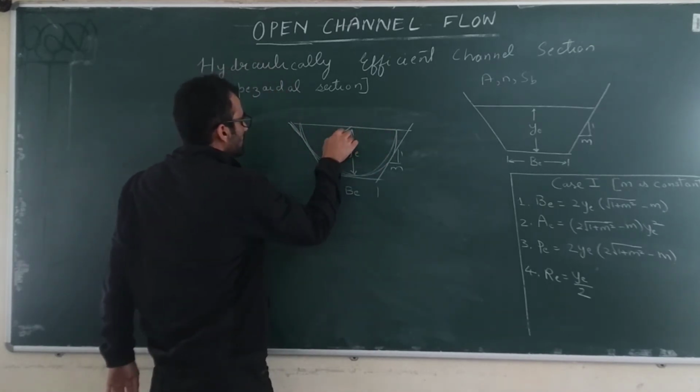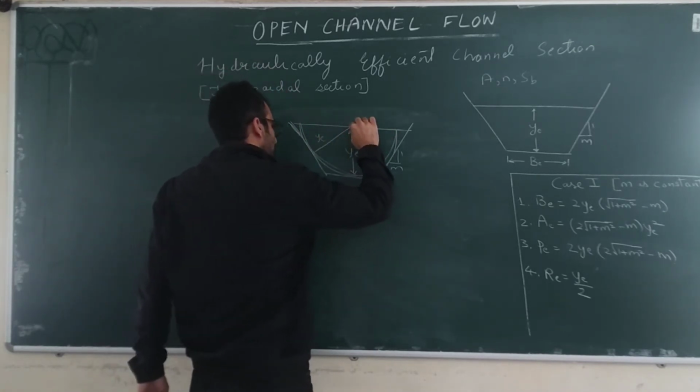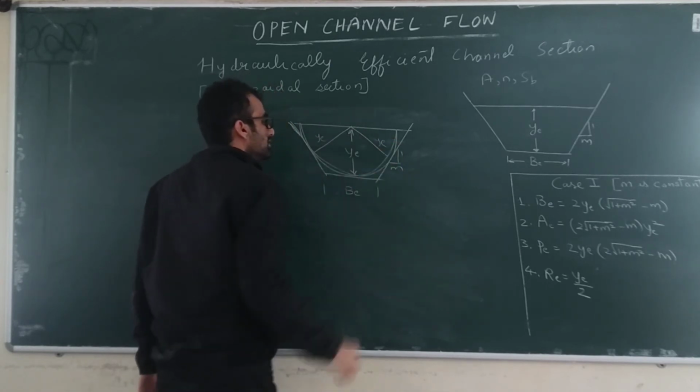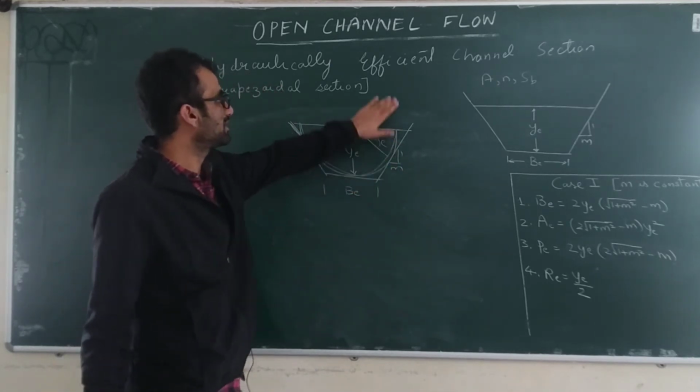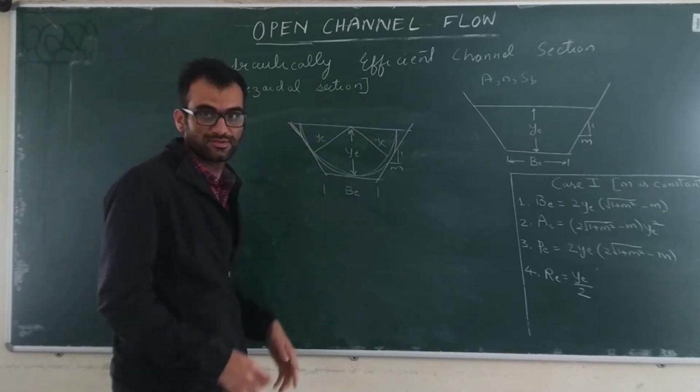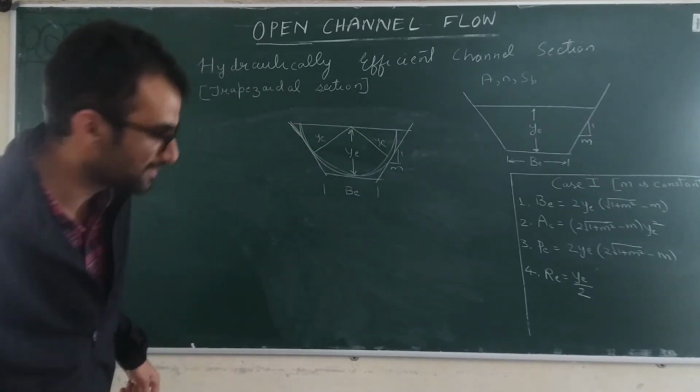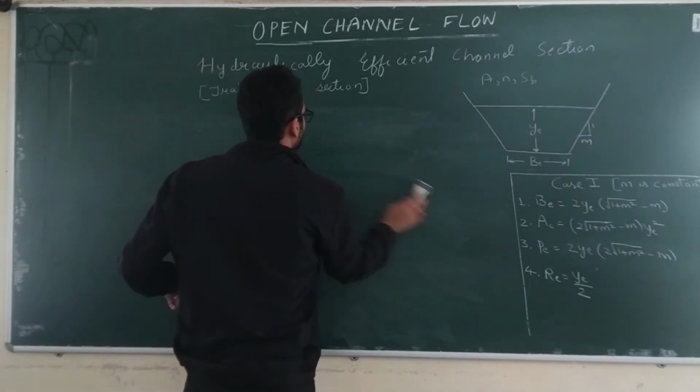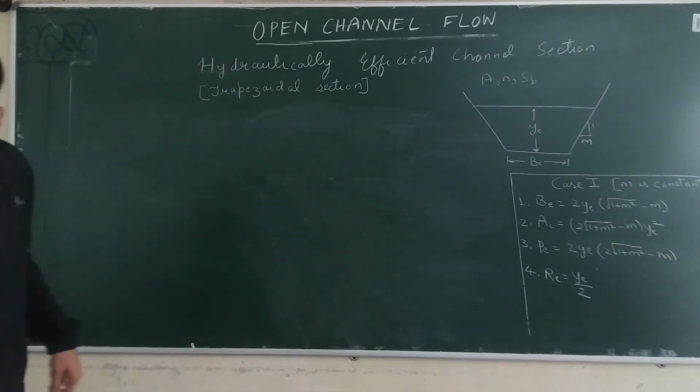So this length will be equal to YE and this length will also be equal to YE. This we have to remember: for a hydraulically efficient trapezoidal section a semicircle can be inscribed inside the section. Now we'll go to the next case.